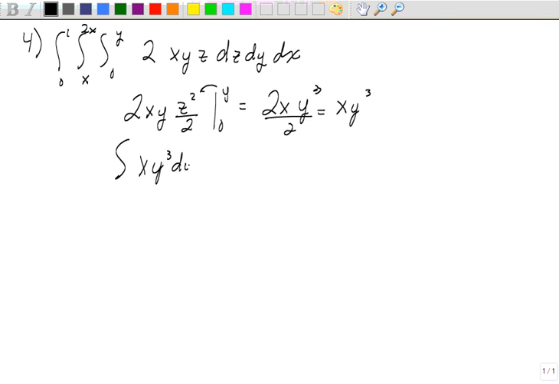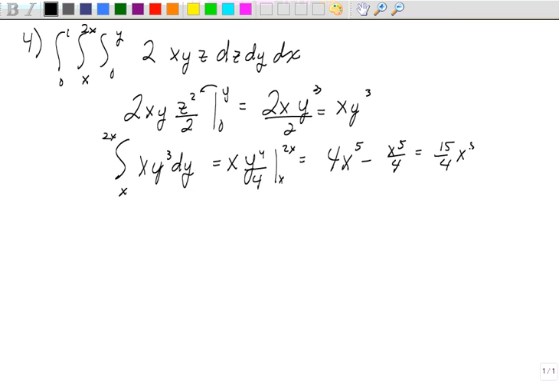Xy cubed dy. It's xy to the 4th over 4, and then we're going to go from x to 2x. So that's going to be 16x to the 4th, so that's going to be 4x to the 5th minus x to the 5th over 4. That's 15/4 x to the 5th.